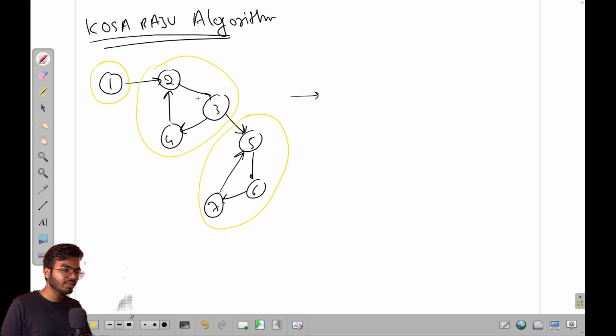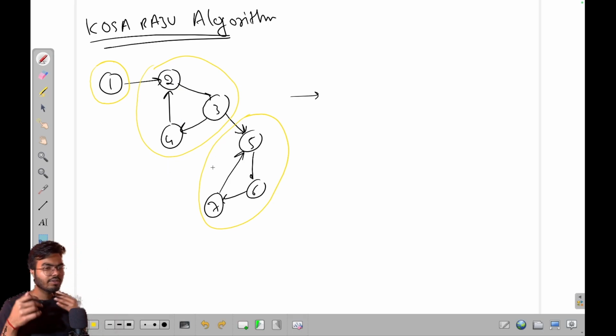I can't visit two from any of the other strongly connected components. No, sorry, I can't go in reverse order. Basically, I can't visit in both directions, right? So that is why these are separate strongly connected components. There might be more edges like this also, but that doesn't change the fact.